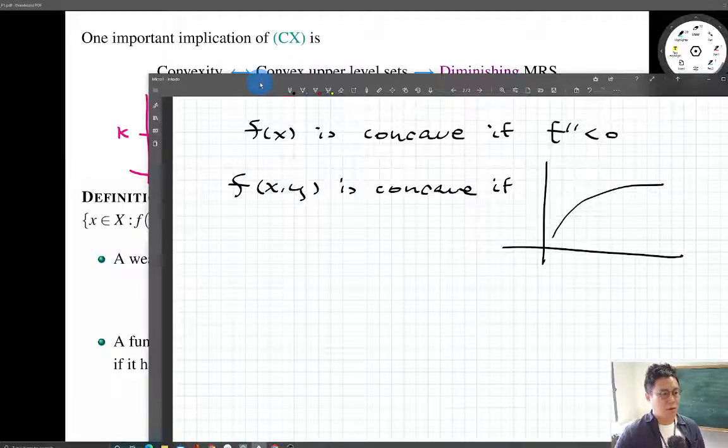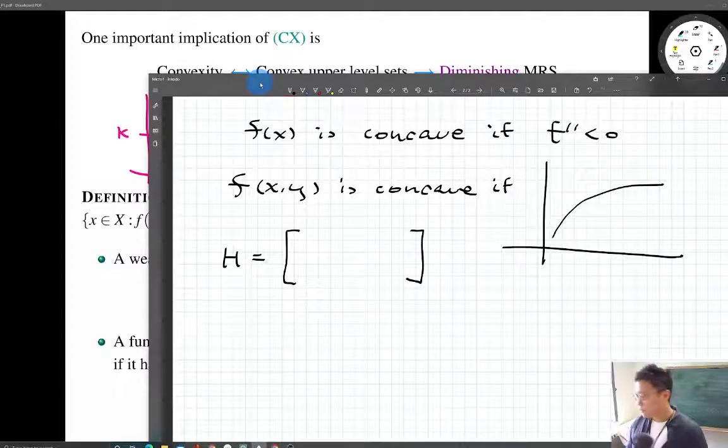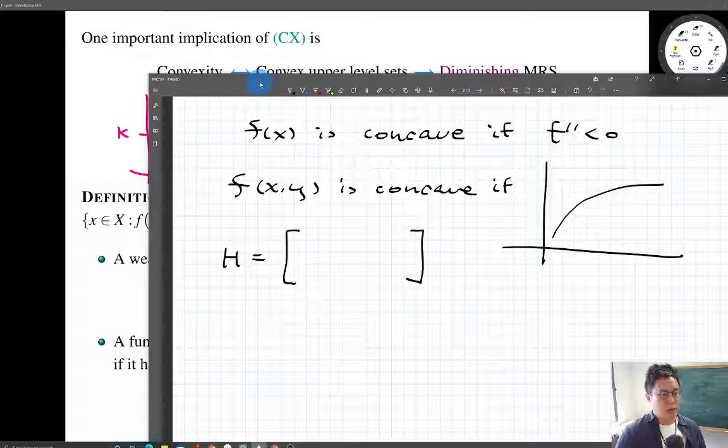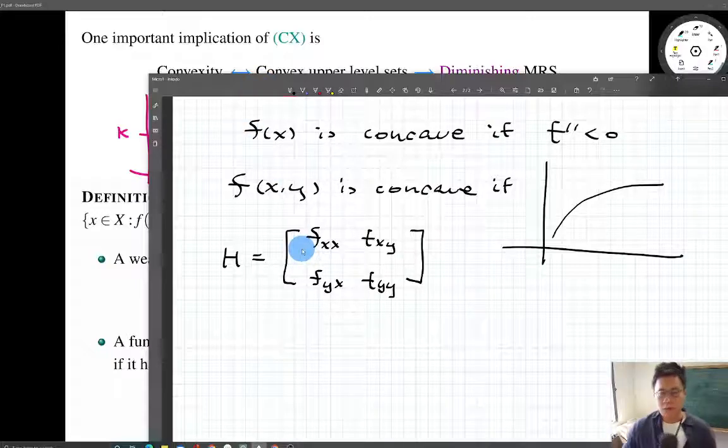Okay, so the Hessian matrix is defined as the matrix of second order derivatives. So f sub xx, f sub xy, and f sub yx and f sub yy. Okay. So here the subscript implies the partial derivative.